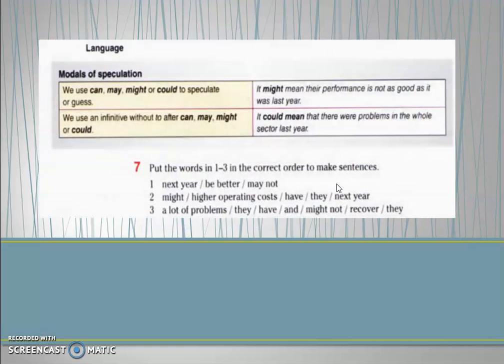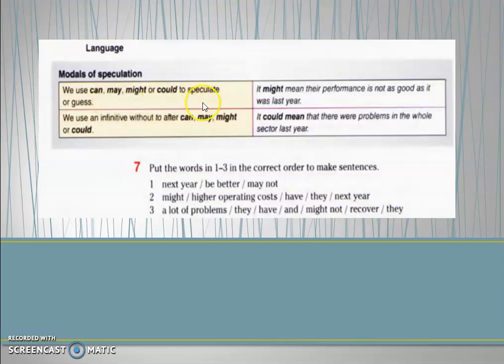Next task. This is about language, about modals of speculation. We can use the modals can, may, might, or could to speculate or guess. So you're guessing, for example, it might mean their performance is not as good as it was last year. This is an example.